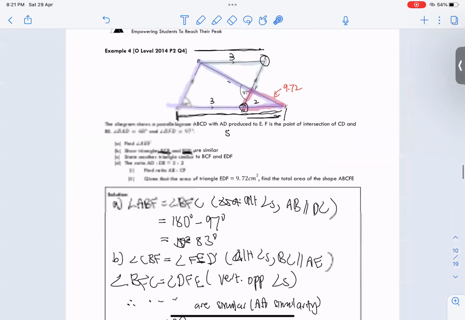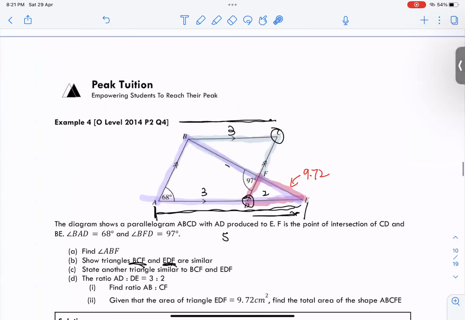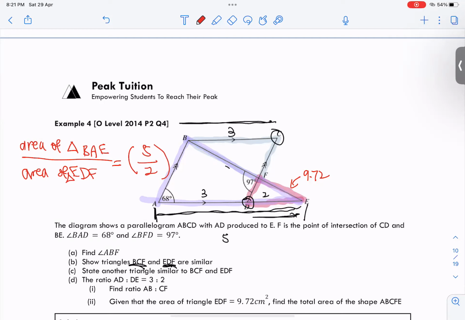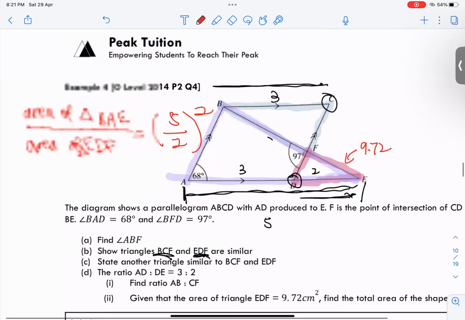Okay. Then right over here. So you know, the BAE triangle, area of BAE over area of equals. Just now we find out the ratio, 5/2. Then you square it because this is area. If it's volume, then cubic.